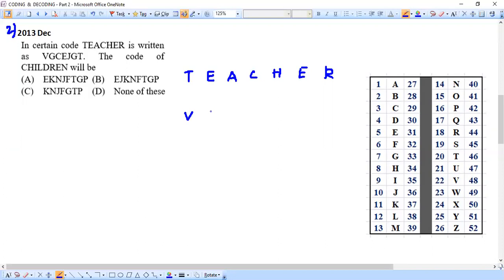That's more important. V, G, C, E, J, G, T. This is what we are given. So teacher is coded like this.